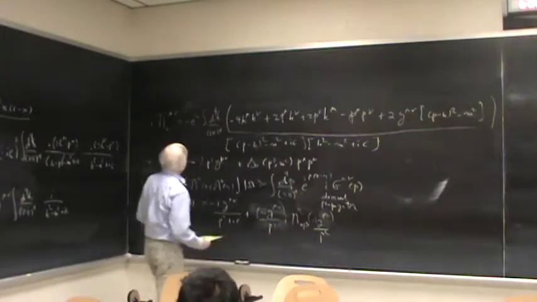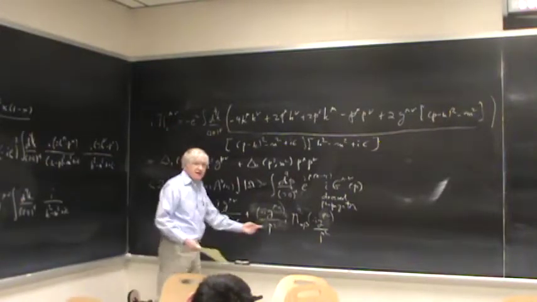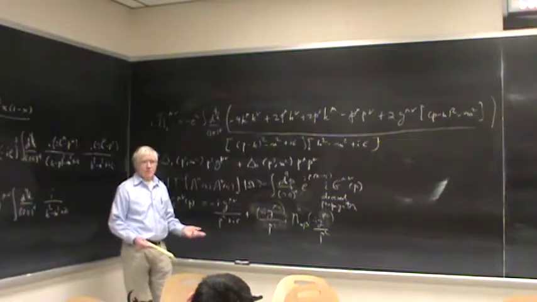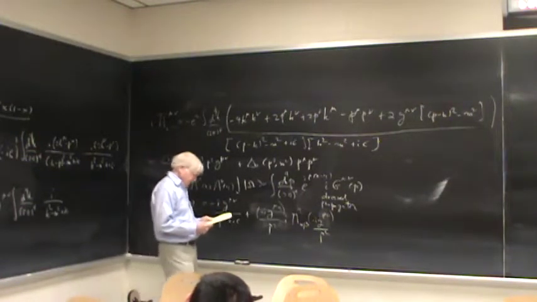So that's how this quantity would play in correcting the ordinary propagator to order e to the fourth, say.